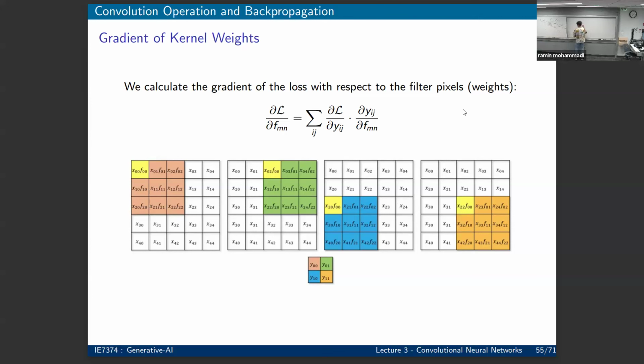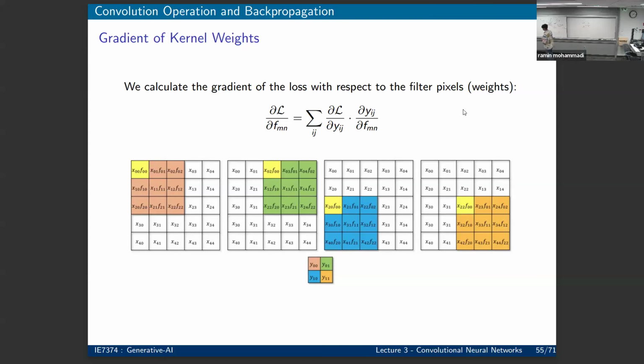Is it like a 4x4 or 3x3? 3x3. So they are here, here, here, here. Okay.